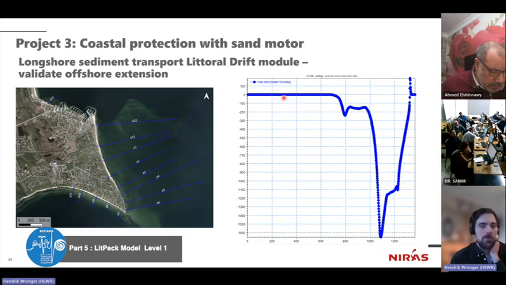Then we can make that profile shorter and use our offshore wave conditions in this location, reducing a little bit the error that we're making due to the non-present diffraction in the rest of the profile. So that's a very useful assessment to make, to see how far offshore we need to go with our profile.